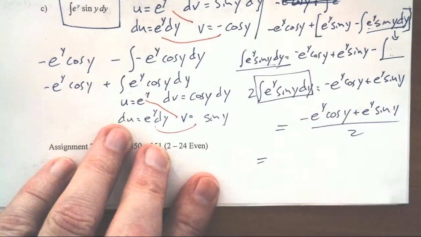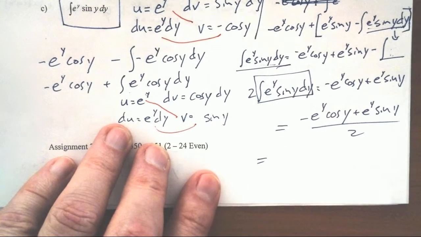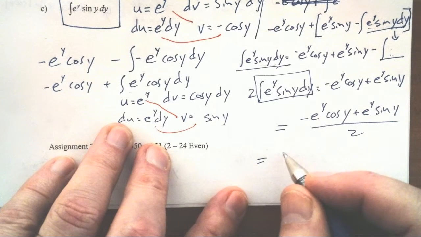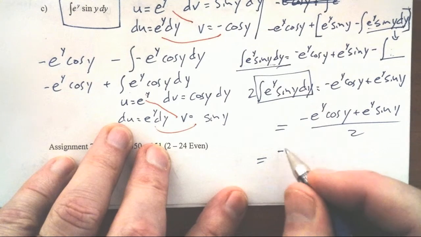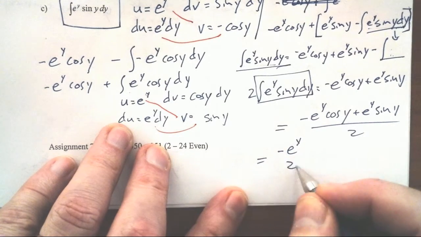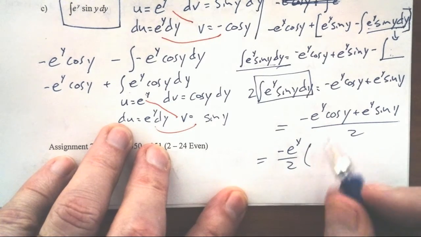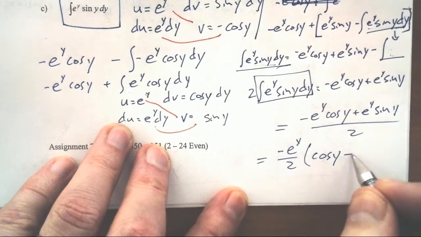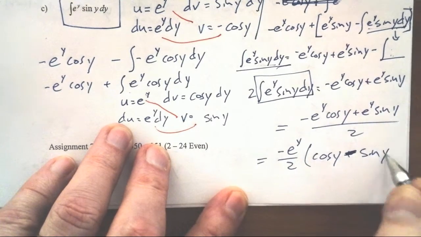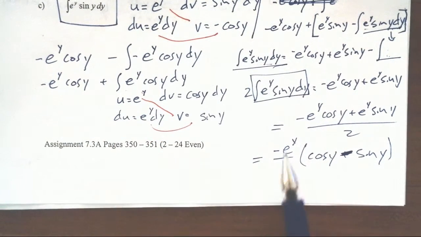Maybe to clean it up, and I don't even know if an argument could be made that this is more simplified, but I think the back of the book would have something like, let's take out a negative e to the y on 2. And what does that leave me with? Cosine of y minus sine of y. Or it could be e to the y on 2, times sine of y minus cosine y. Just a little bit of algebra manipulation.